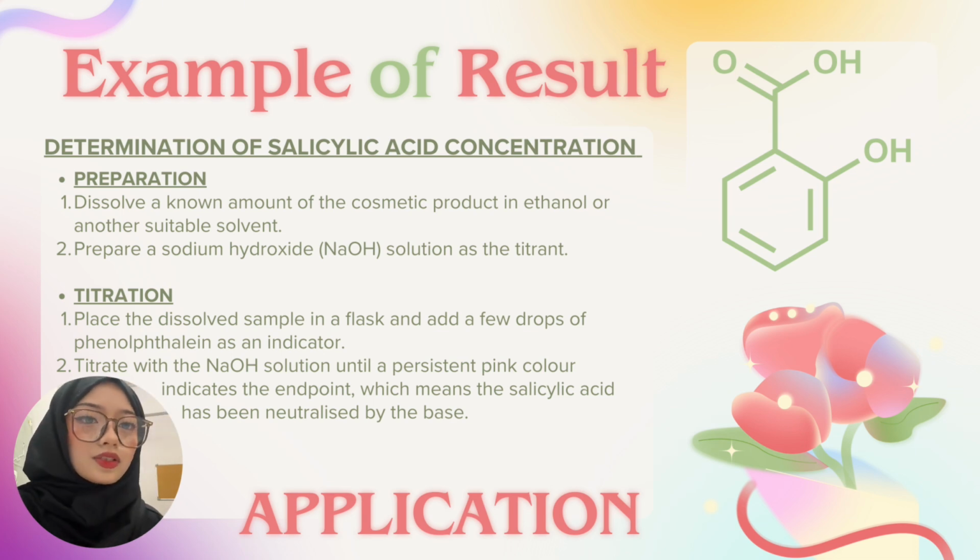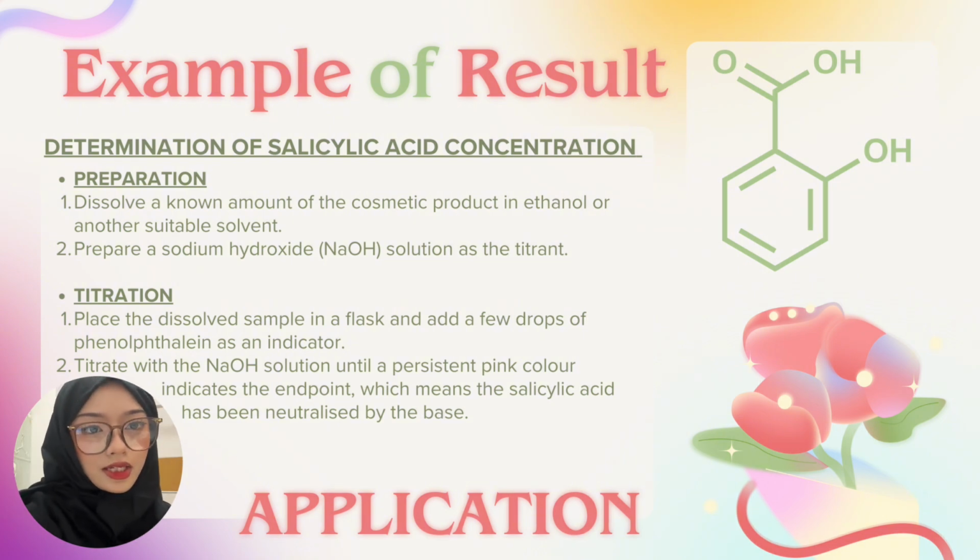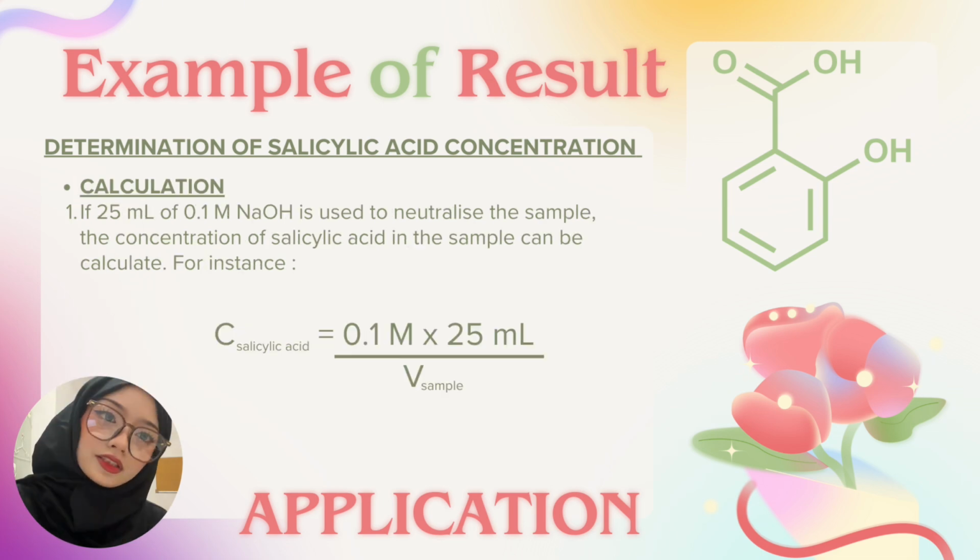The titration process will now begin by titrating with the NaOH solution until a persistent pink color is visible, which indicates the endpoint. At this point, the salicylic acid has been neutralized by the base. Next up is the calculation. Let's say it takes about 25 ml of 0.1 molarity NaOH to neutralize the sample. The concentration of the salicylic acid in the sample can be calculated using the same previous formula.